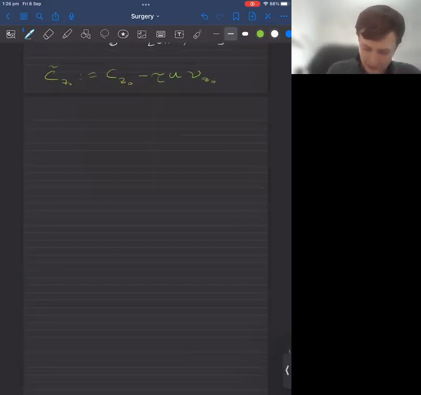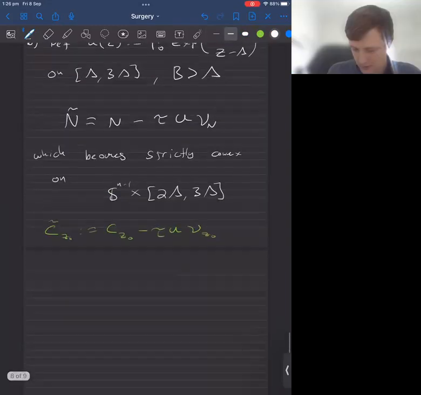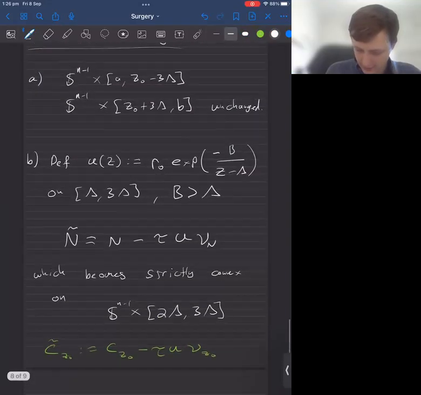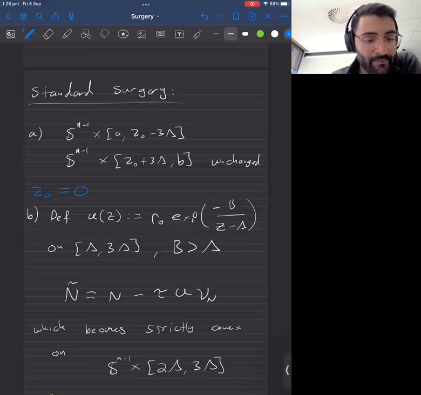How does this process work? So you said Z0 equals 0, is that right? Yes, sorry. Let's just simplify things and say Z0 equals 0. I forgot to mention that.